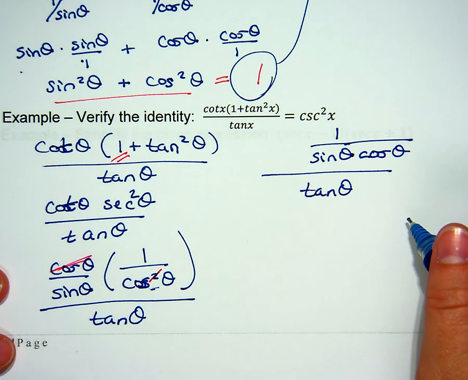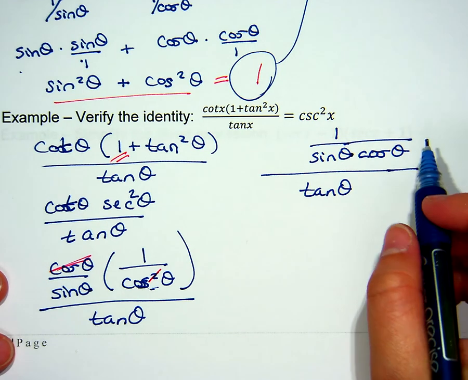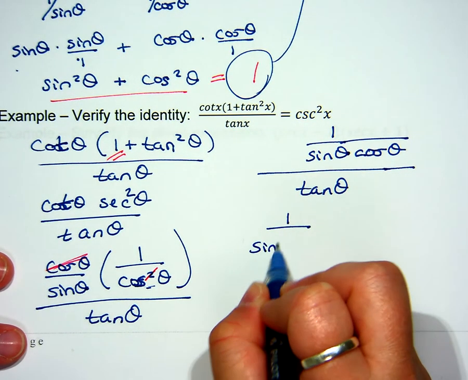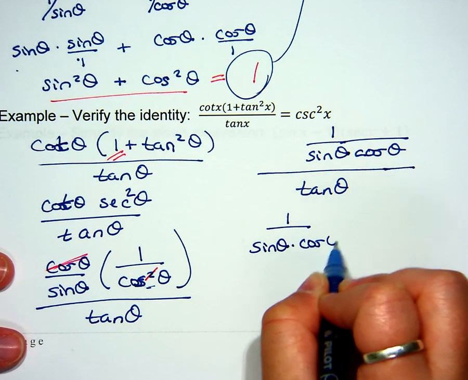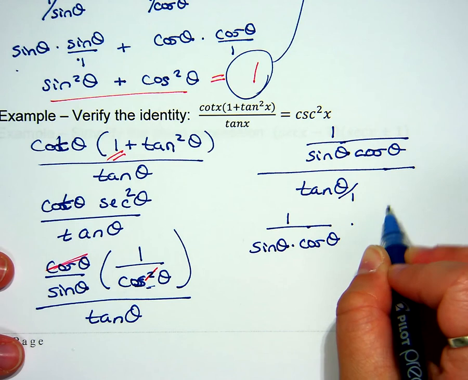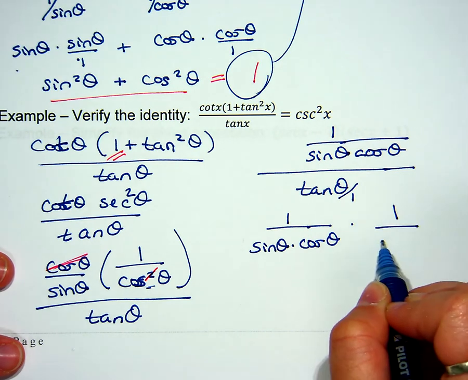Well, fraction dividing becomes multiplication by the reciprocal. So I have 1 over sine cosine times 1 over tangent.